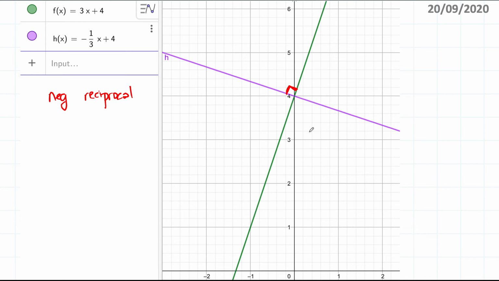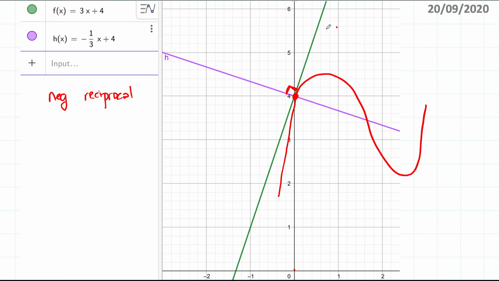So how does this help with calculus? If I have, let's say, a curve and it touches this green line, so let's say my green line is the tangent at my point here.